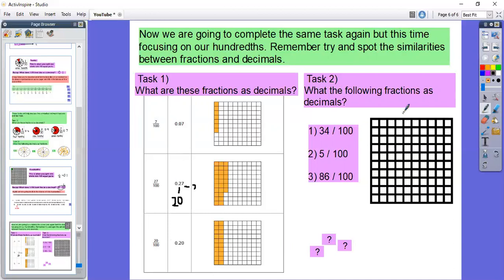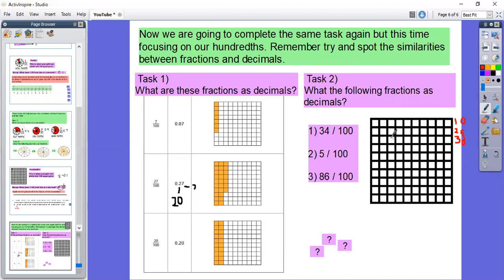Okay. And now, draw the following fractions. So 34 over 100, it means I would shade in, how many boxes? I would shade in 34. Now, a quicker way of doing that is each row, you should know, has got 10 boxes. So I would say 10, 20, 30.